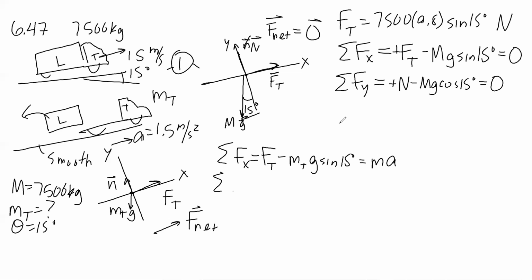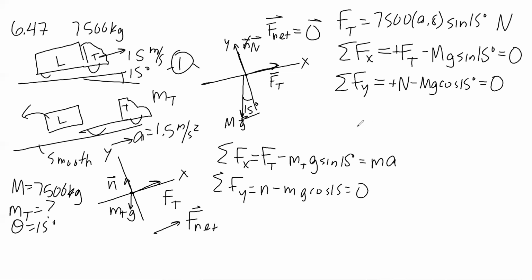And in the y direction, it's little n minus little m g cosine 15, which equals 0. Once again, not relevant, but still helpful to find, because we will need those in friction problems later.